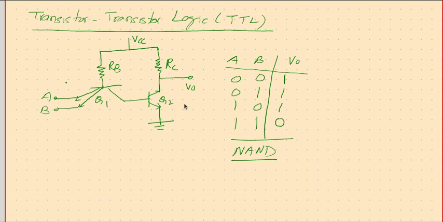That means add one more such stage, and that makes you an AND gate, and similar different combinations will make the TTL to get different operations like NOR, OR, and so on. So that's one example of how transistor logic can be taken up to make any logical gate.